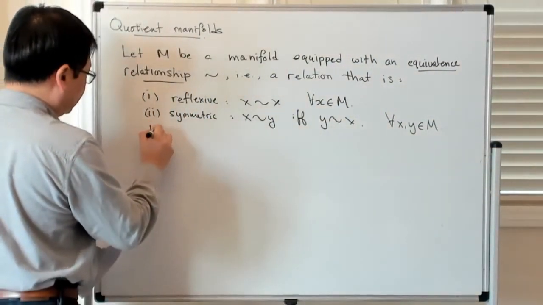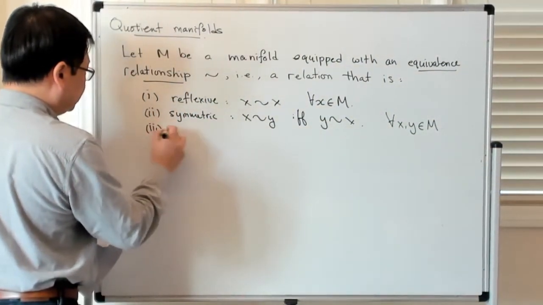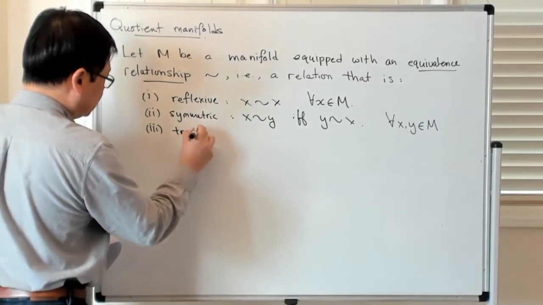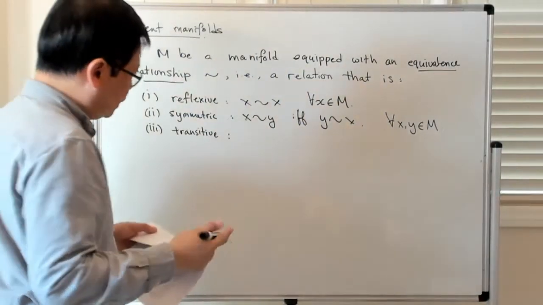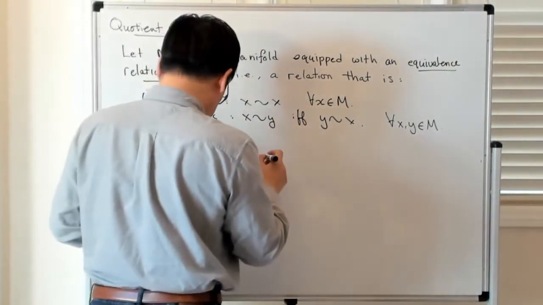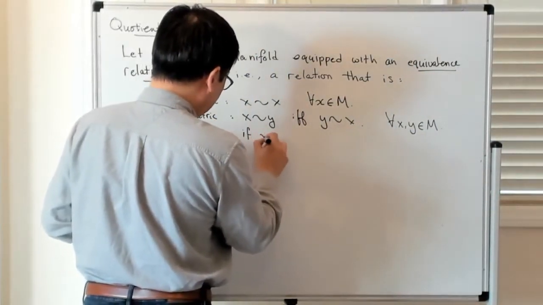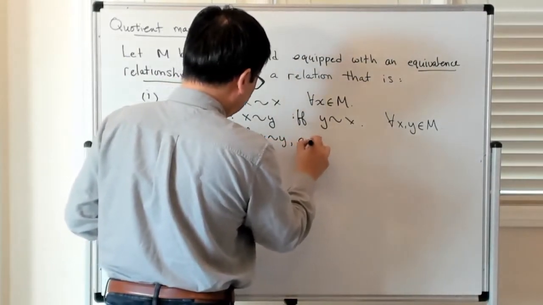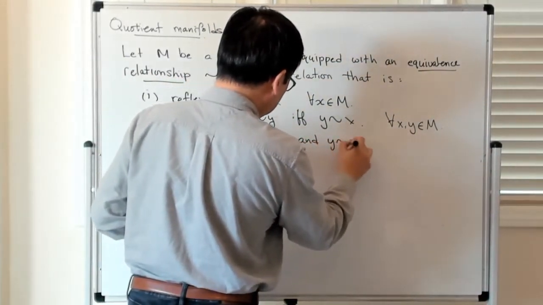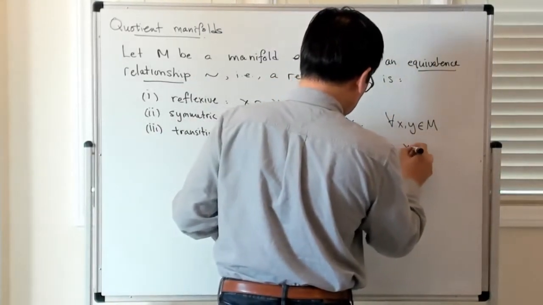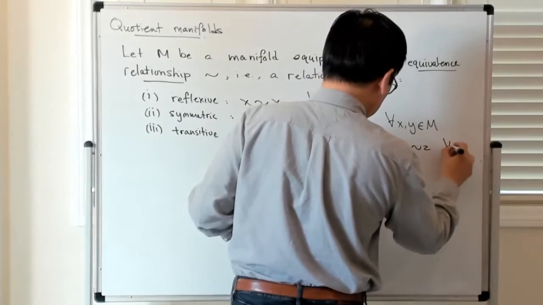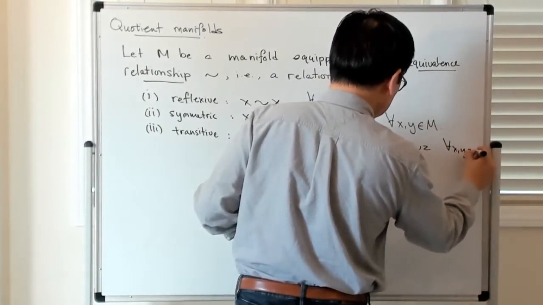And the third thing is that it's transitive, which basically says that if X is related to Y and Y is related to Z, then X is related to Z, and this is again true for all X, Y, and Z on the manifold.